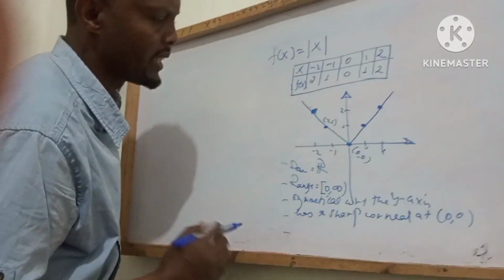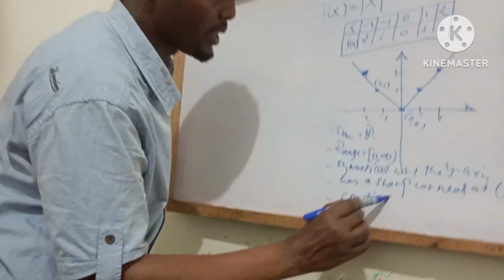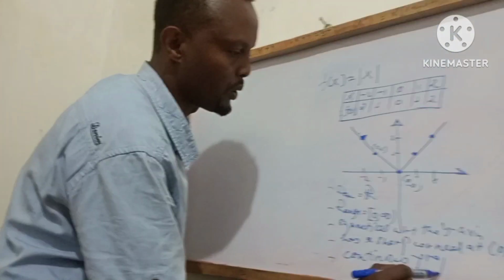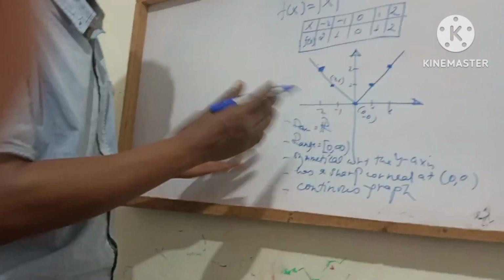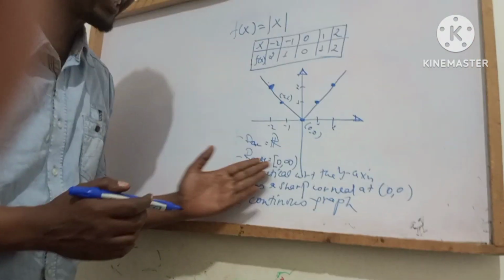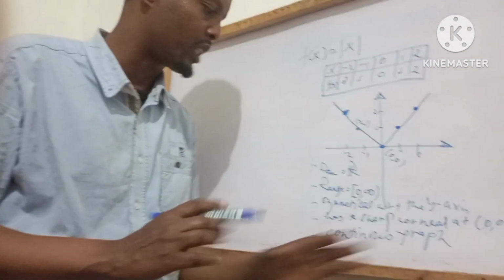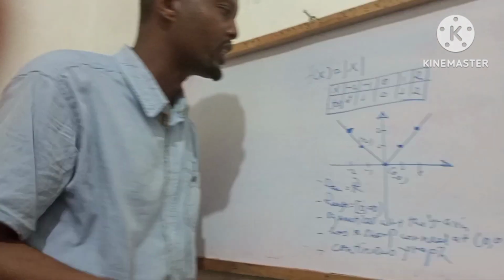And of course our graph is a continuous graph. So these are the properties: the domain is the set of real numbers, the range is from 0 to positive infinity, it is symmetrical with respect to the y-axis, has a sharp corner at 0, 0, and it's a continuous graph.